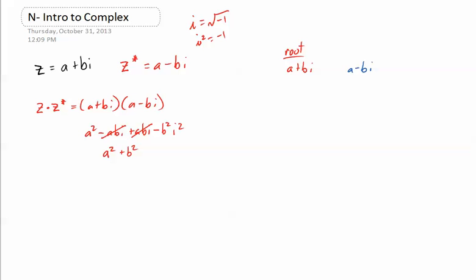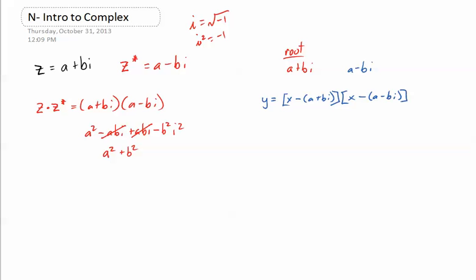If we're looking for the quadratic that has these two roots, then we just need to go y equals, and then we say, okay, that means x minus A plus BI, and that would then need to be multiplied by x minus A minus BI.